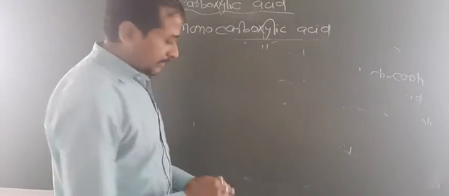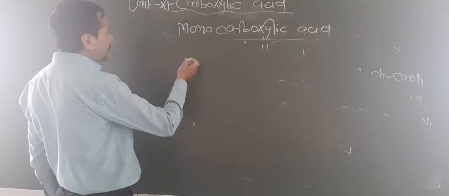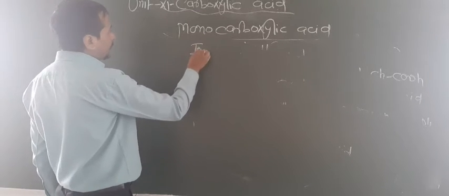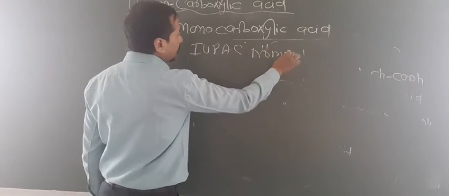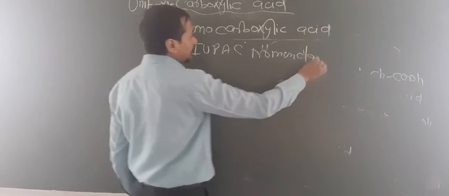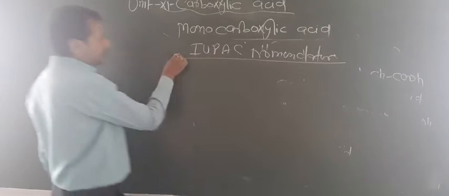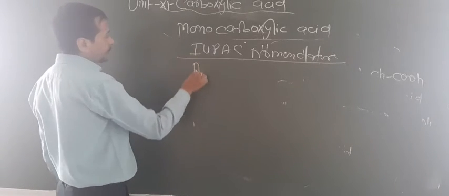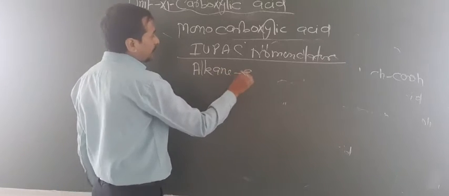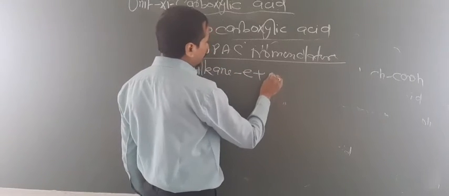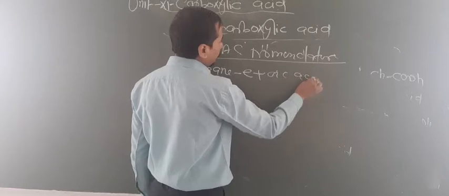Now let us focus on the IUPAC nomenclature. Here, from the alkane you have to remove the E and add the word oic acid.